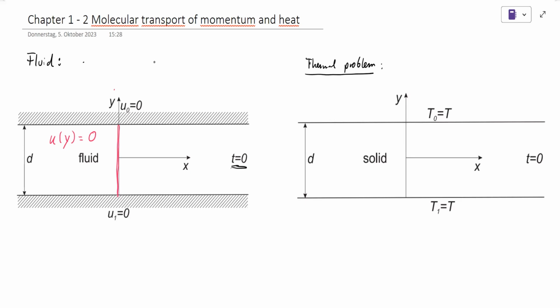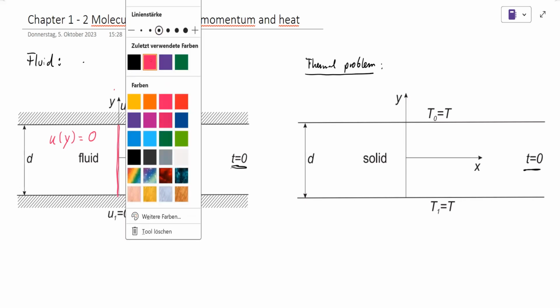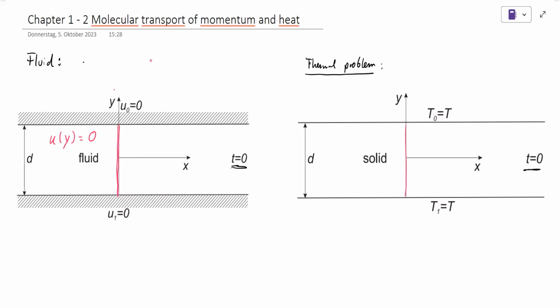The upper temperature is T, and the lower one is also T. So the temperature is the same at time t equals 0, and therefore we do not see any difference in temperature, and we see a uniform temperature profile, denoted by the temperature depending on y, which is just the given temperature T. Okay, so that is quite simple.